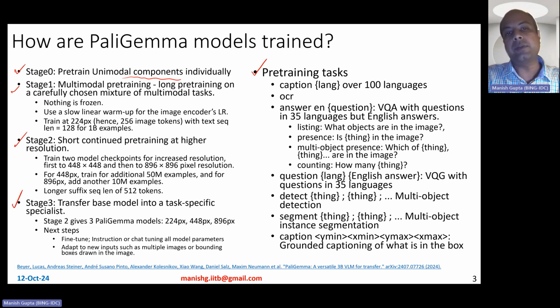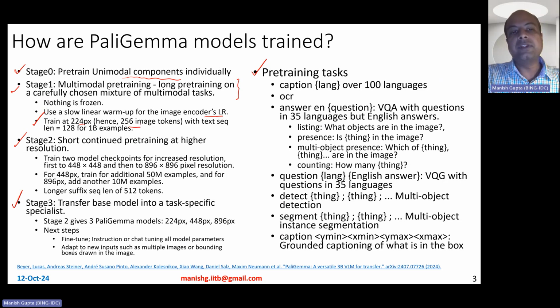Stage 1 is multimodal pre-training. It's a long pre-training on a carefully selected mixture of multimodal tasks, and nothing is frozen. You pre-train the large language model as well as the image encoder. It uses a slow linear warm-up for the image encoder's learning rate, and this stage 1 multimodal pre-training is done at 224 pixels.